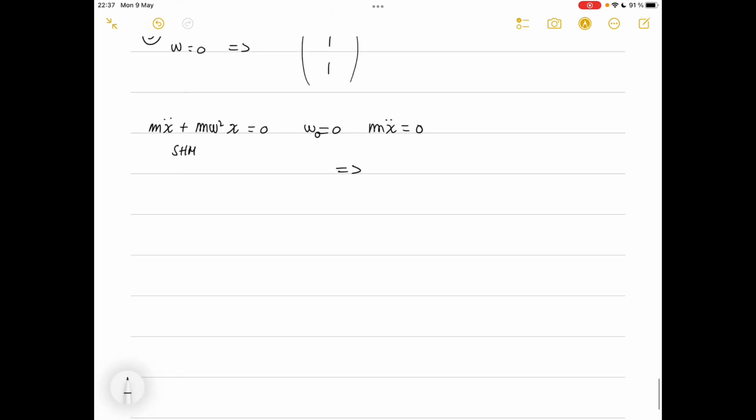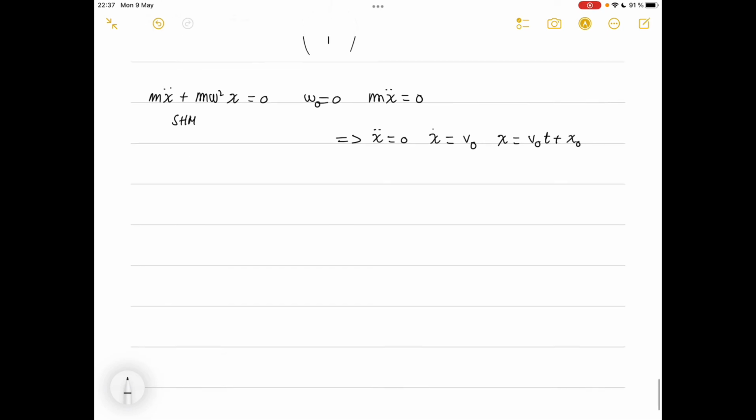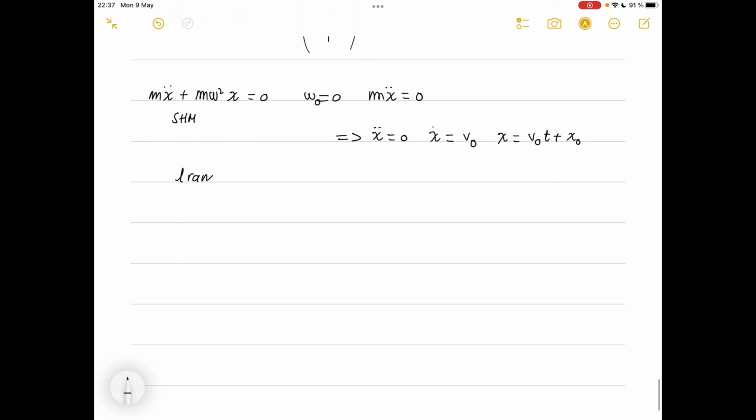So x dot is just some constant v0, and the overall motion is just v0 t plus x0. So basically it's translational motion. All the particles are moving in a straight line and there's no oscillation.